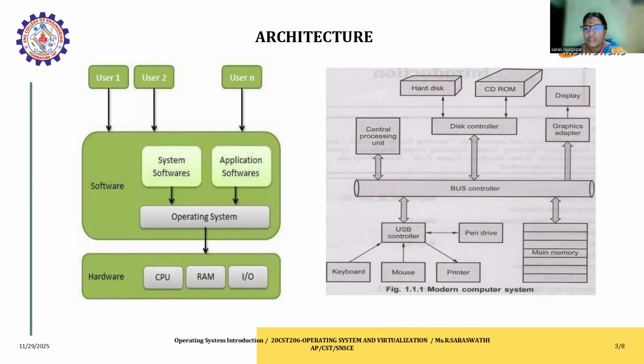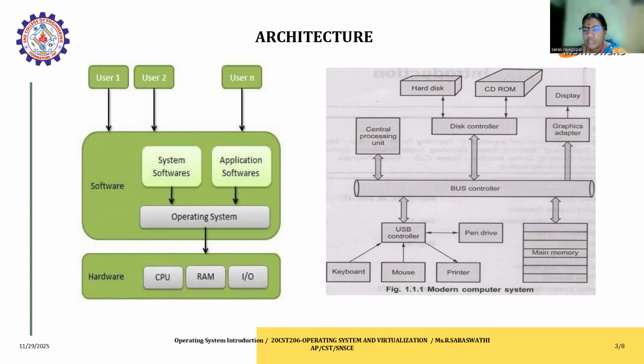This is another example of a modern computer system. In the computer system, all the components, that is the hard disk, CD-ROM, display, disk controller, and graphics adapter, and the central processing unit will be connected with the bus controller.